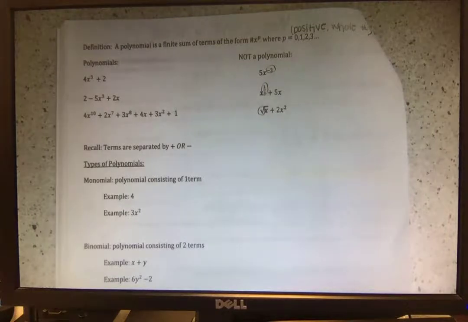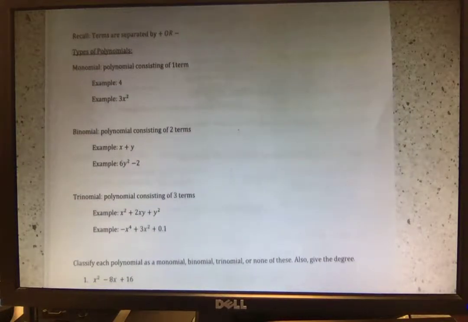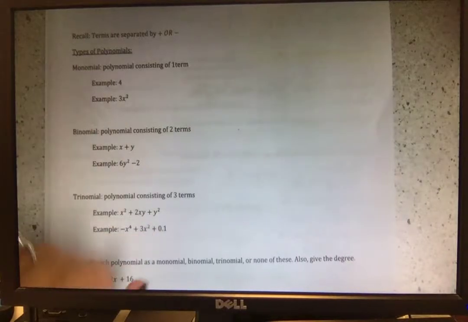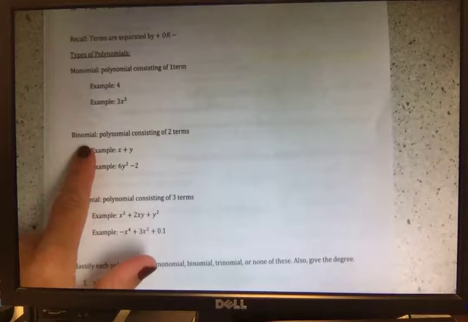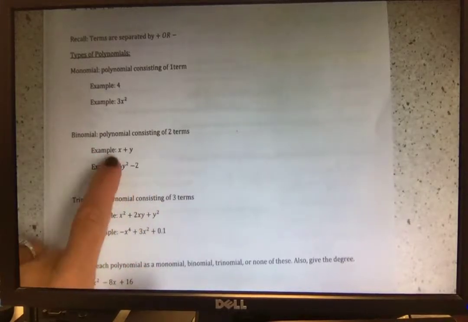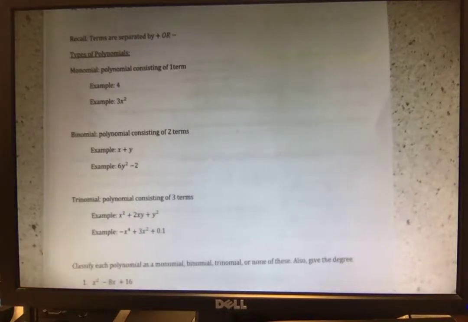Remember that terms are separated by addition or subtraction. So our different types of polynomials are classified based on how many terms there are. A monomial has one term, like 4 and like 3x squared. A binomial, bi means 2, contains two terms, so x plus y, or 6y squared minus 2.